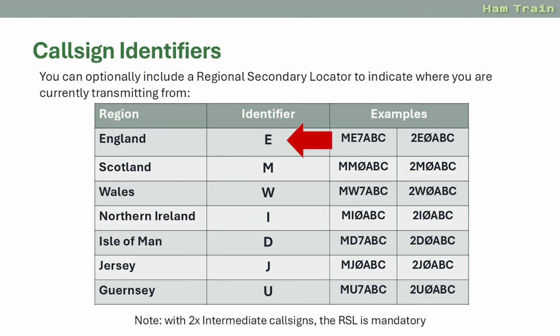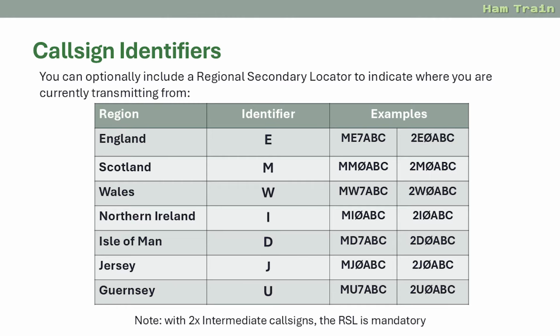So taking England first, the letter is E. So for a Foundation call sign, that could be ME7ABC. To be honest, the convention in England is not to bother with the E. The letter E is a fairly new optional extra that can be added, and most people in England would just use M7ABC. An example of intermediate, 2E0ABC for England.